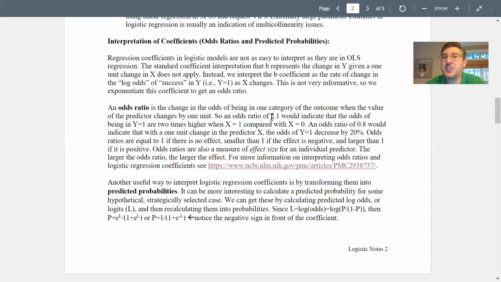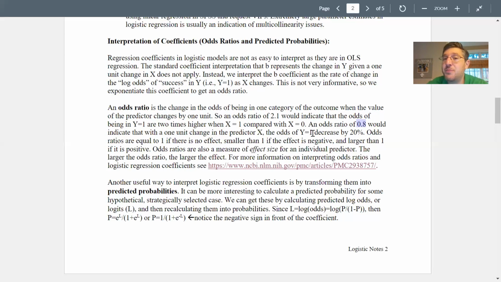An odds ratio equal to 1 indicates that there's no relationship. An odds ratio greater than 1 indicates a positive relationship, and an odds ratio less than 1 indicates a negative relationship. So if you had an odds ratio of 0.8, that would indicate that a 1 unit change in the predictor variable, so going from 0 to 1 or from 1 to 2, corresponds to a 20% decrease in the odds of Y equals 1.